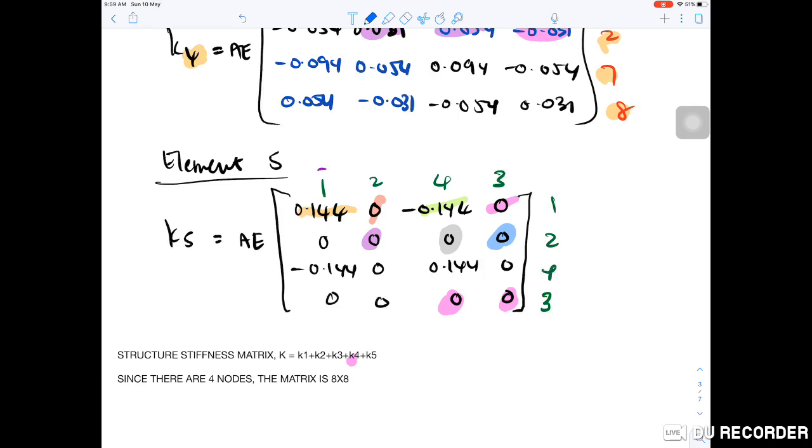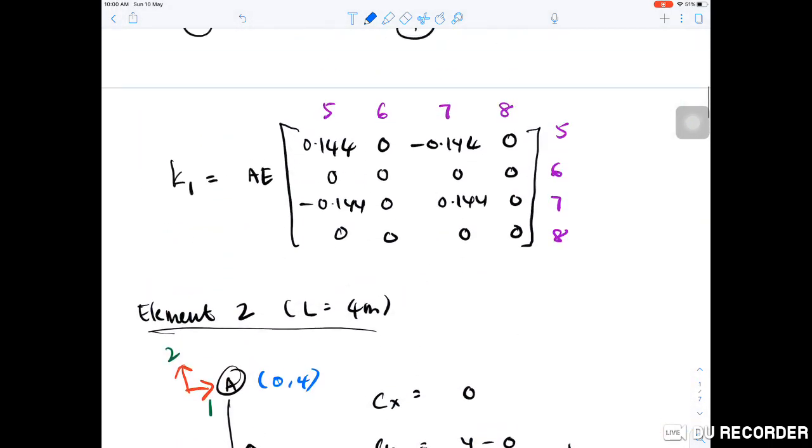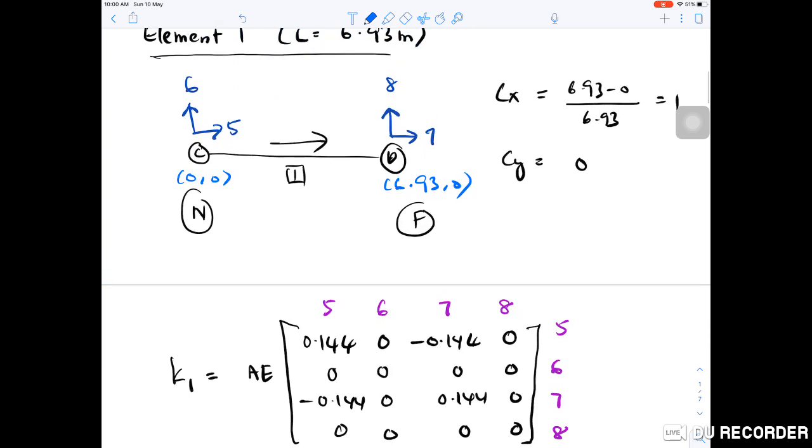the most important thing is we have to label the element stiffness matrices one by one. Label outside the matrix bracket is the degree of freedom, and the labeling must follow this condition. That is why the arrow is important. From the arrow we can determine where is the near end and where is the far end.